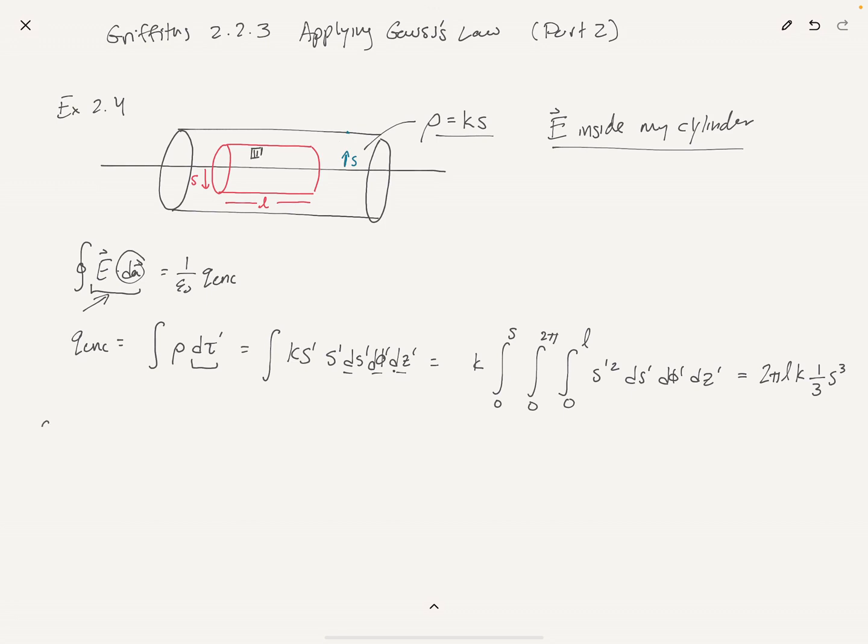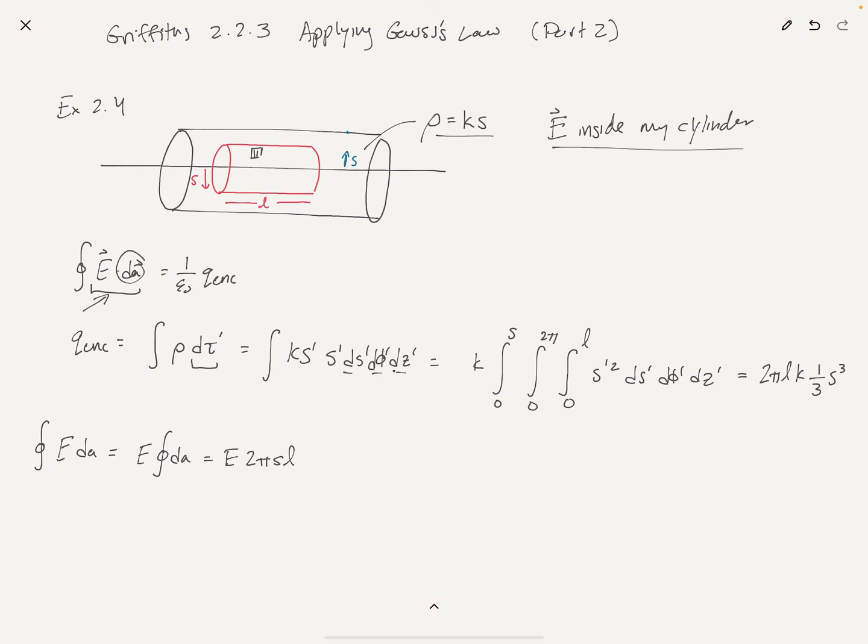So I'm left with the integral over that surface of the magnitude of my electric field, where I've assumed, I've defined it, rather, that the electric field is pointed radially outwards, and the magnitude of dA. That electric field, because of the symmetry I've chosen, is constant at all points on the surface, so I can pull it out of the integral, and I'm just left with dA. And that becomes the surface area of that curved surface, which is E 2 pi sL.